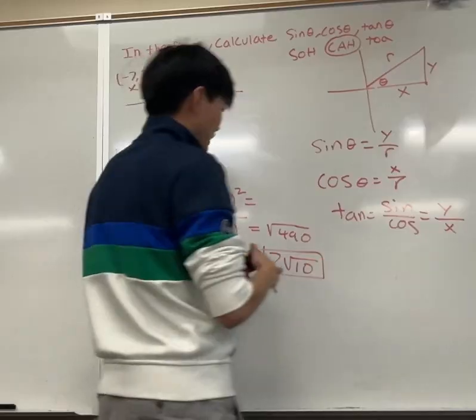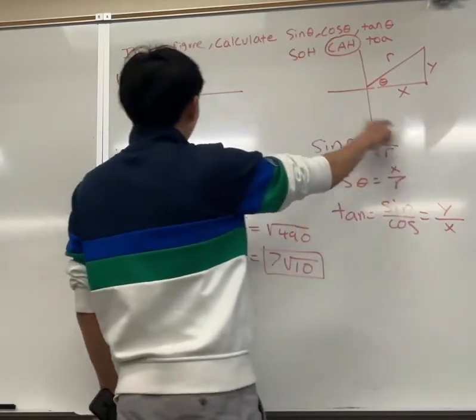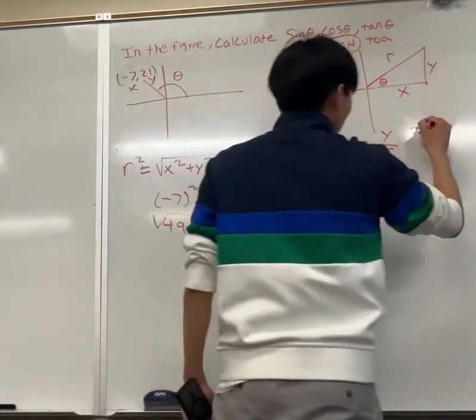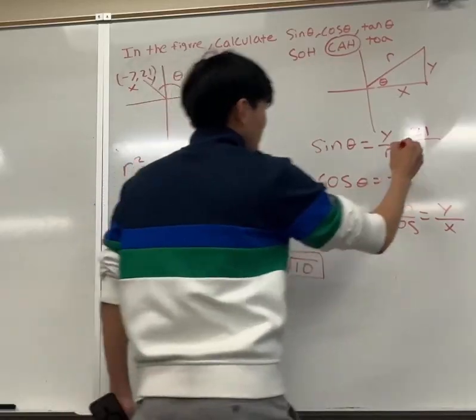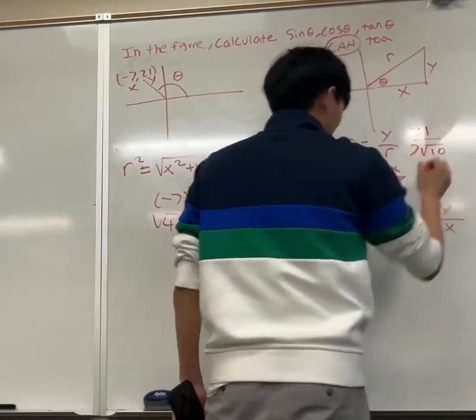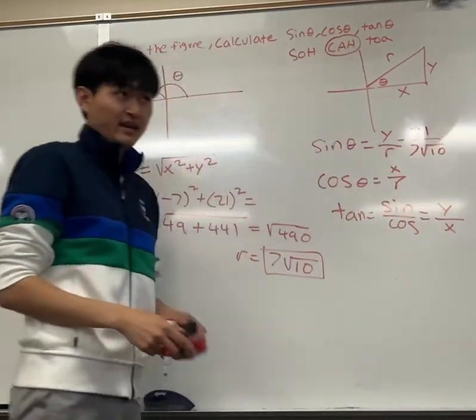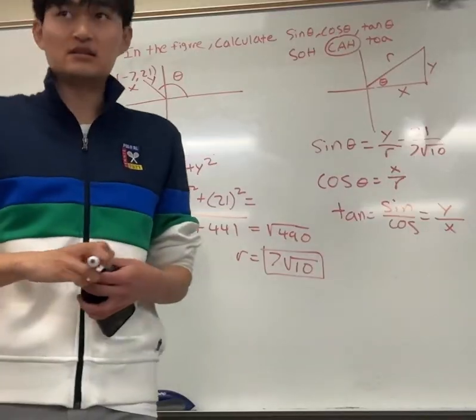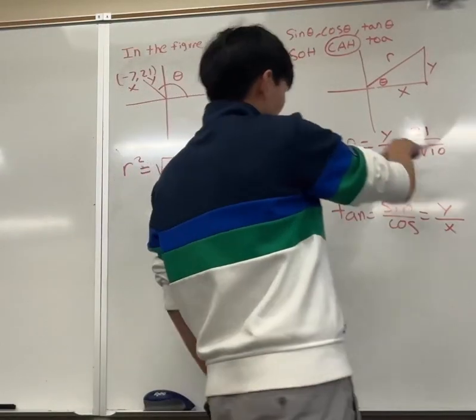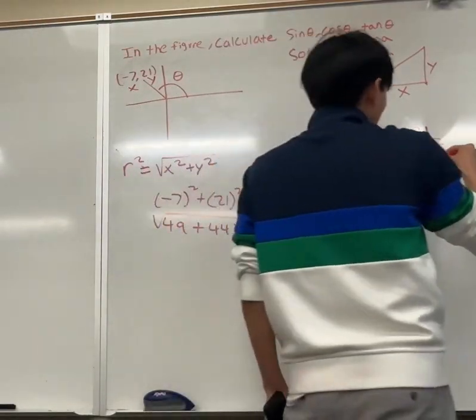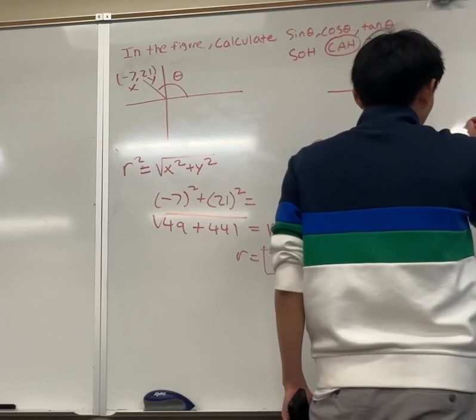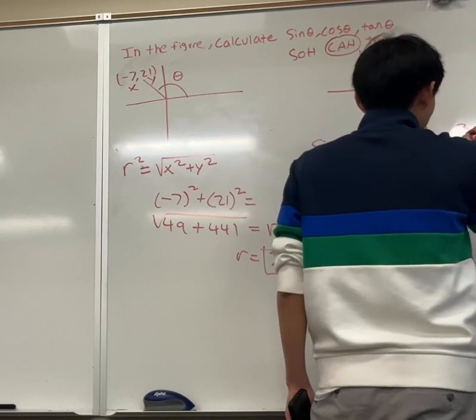So for sine, we have y, which is 21, and then 21 over 7 rad 10. Now, I have to simplify this. I can't have a radical in my denominator. So if I simplify this, 21 divided by 7, that would be 3 over rad 10.